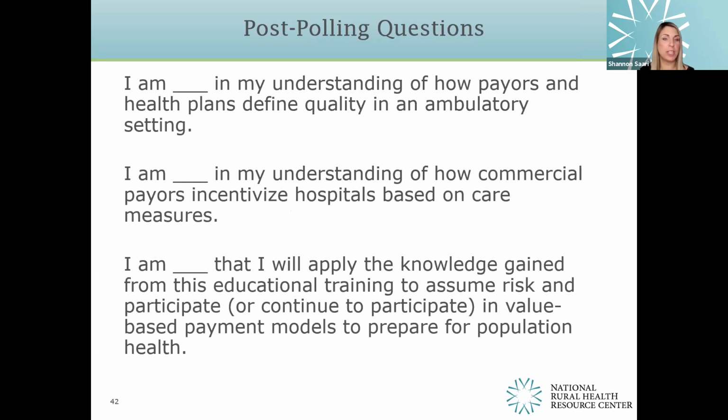Before we actually jump into discussion and questions, I just want to take a moment to pull up some of our post-polling questions. So we have 3. Please pull up the first question. I am confident to unconfident in my understanding of how payers and health plans define quality in an ambulatory setting.